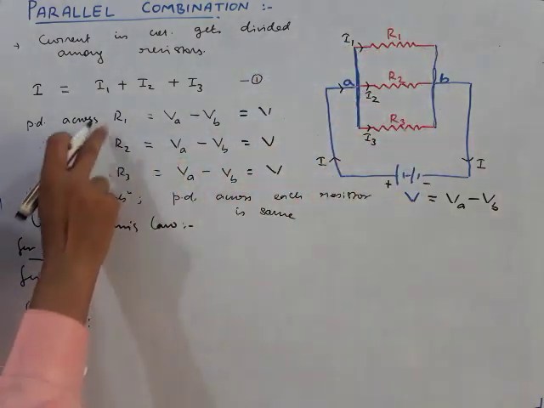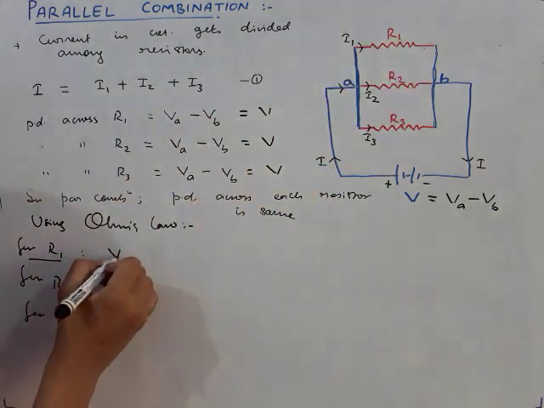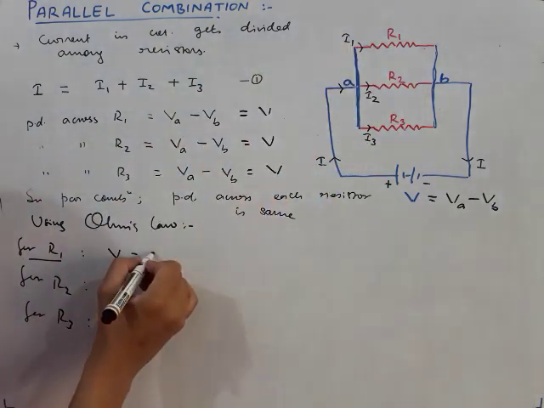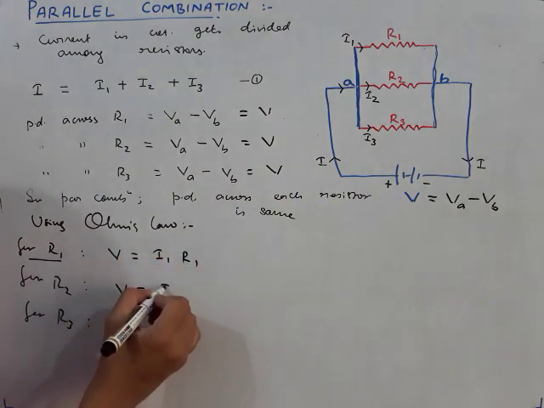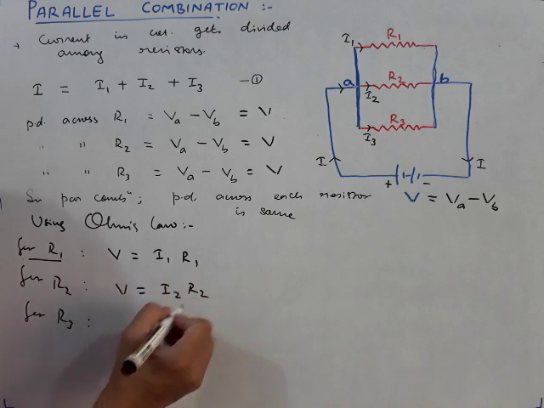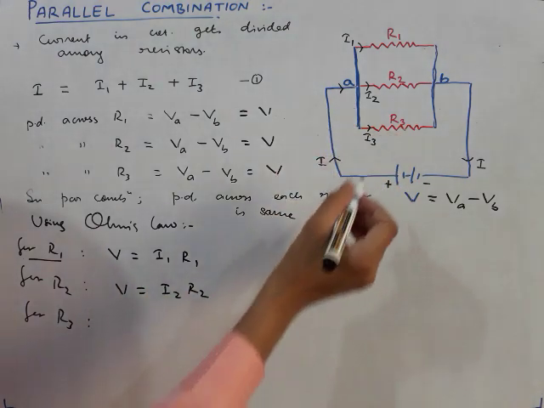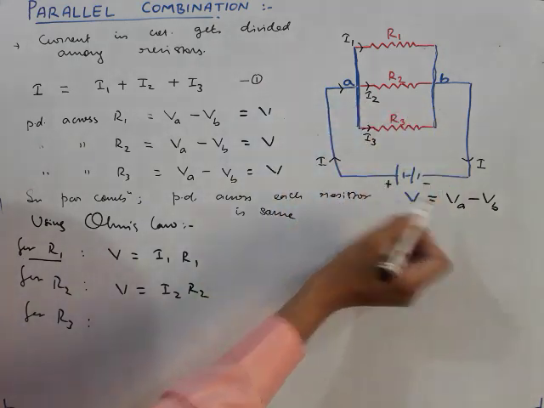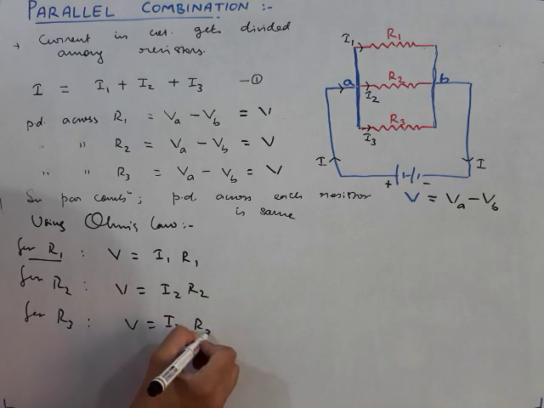V. We have discussed the potential difference is the same, V. What is the current? I1. What is the resistance? R1. Likewise for R2, V is equal to I2 into R2. Likewise for R3, current is I3, resistance is R3, and potential difference is V. So we will write V is equal to I3 times R3.